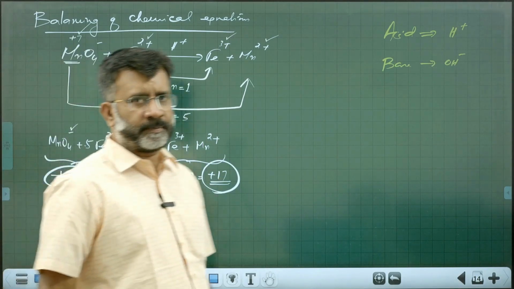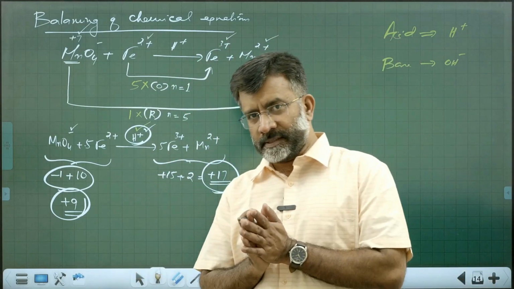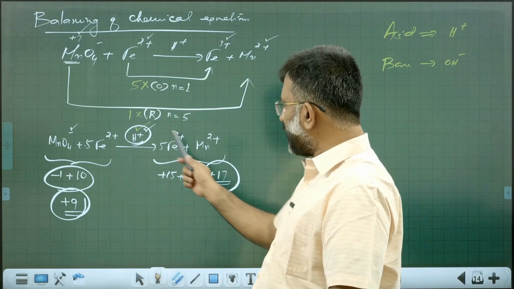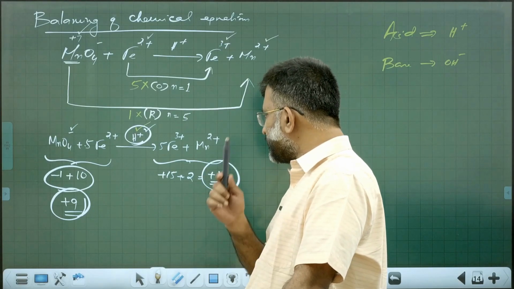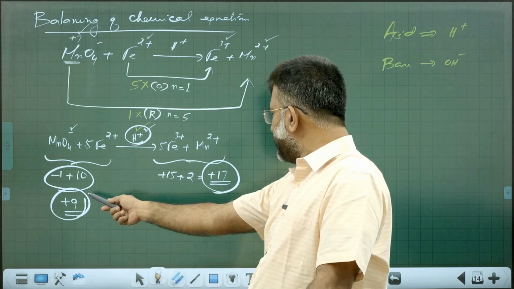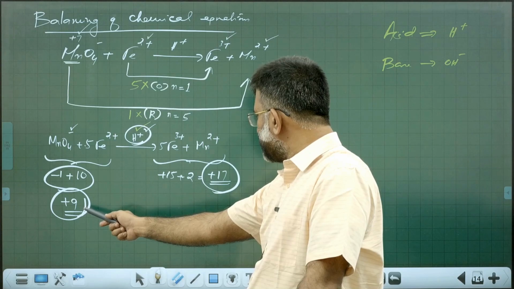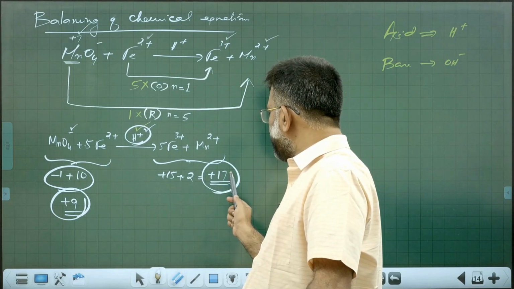So how many H plus, and on which side? There is positive charge deficiency on the left. 9 there, 17 here.